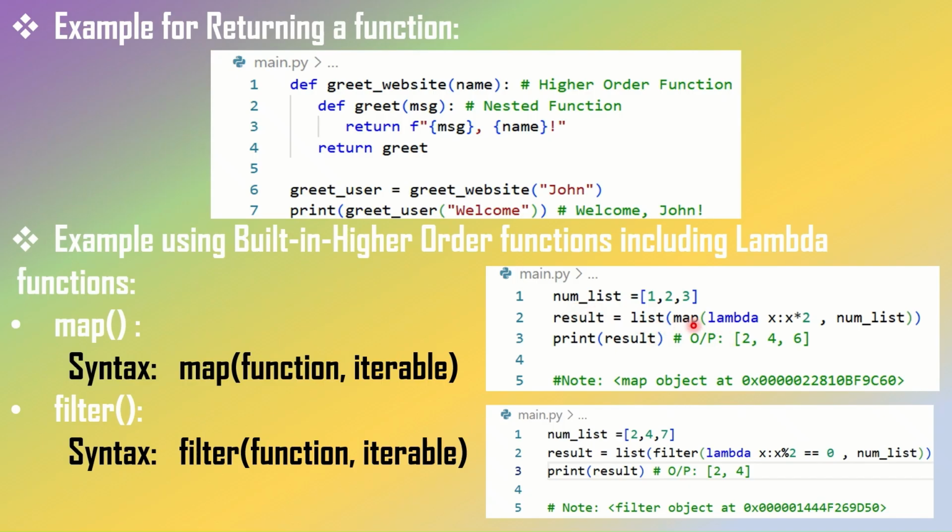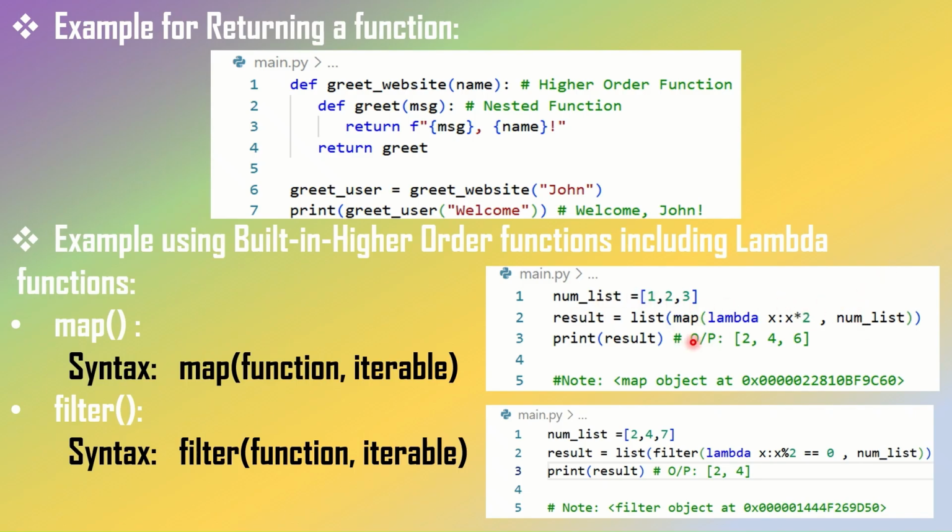Forget about list first; let's look at what we need to pass inside the parentheses of map. The first parameter is a function, and here I am passing a lambda function, defined with the lambda keyword, followed by a parameter x, followed by the expression after the colon. The expression is x into 2, so for each item I get from the list, I do a multiplication. After the lambda function, comma, I pass one iterable, which here is the list.